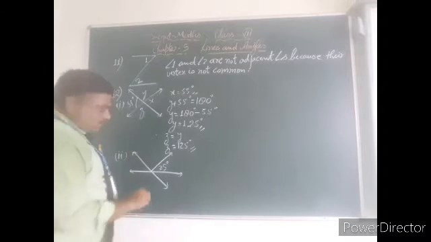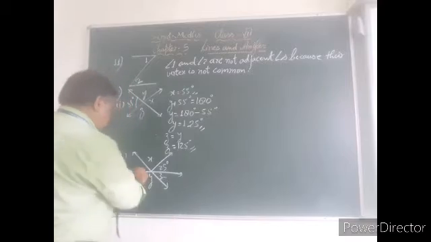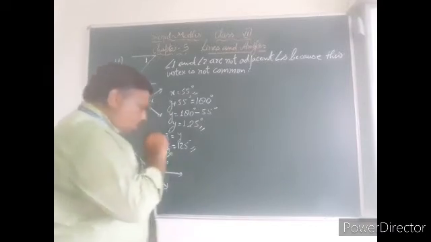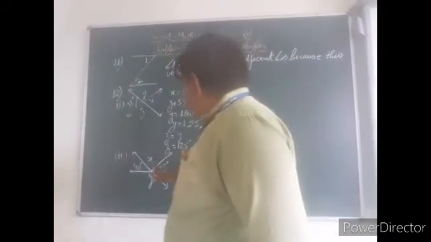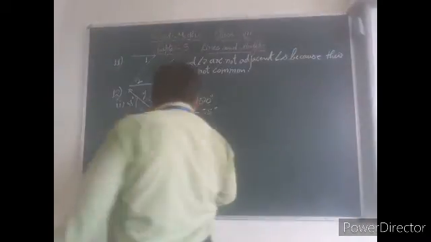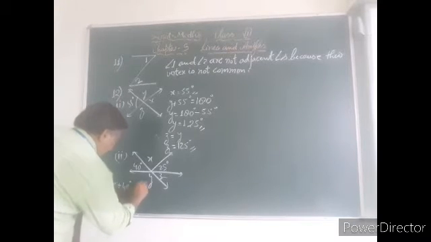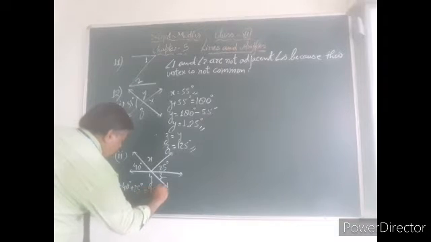Angles X, Y, Z. 40 degree. So X plus 40 plus 25 is equal to 180 degree.